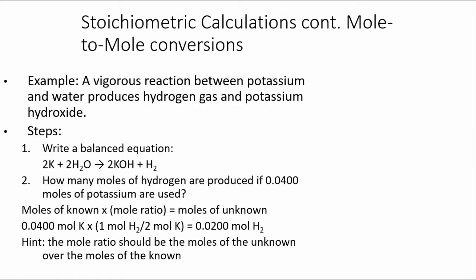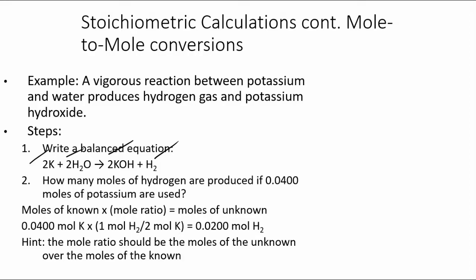So we have here an example. A vigorous reaction between potassium and water produces hydrogen gas and potassium hydroxide. So first, of course, we have to write the balanced equation. So this is the balanced equation: 2 potassium reacts with 2 water and produces 2 potassium hydroxide and 1 hydrogen gas, or 1 mole of hydrogen gas.